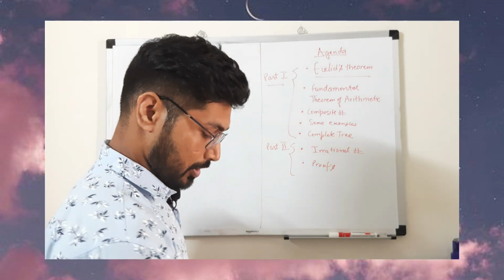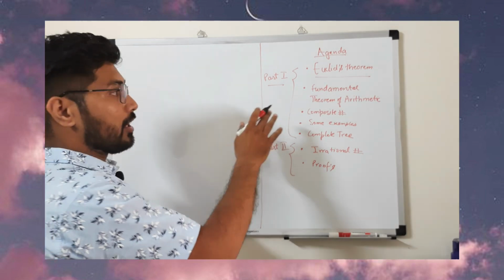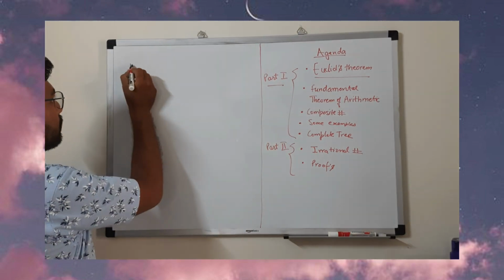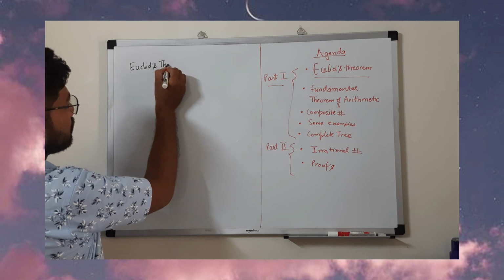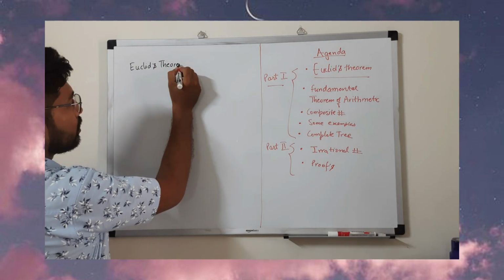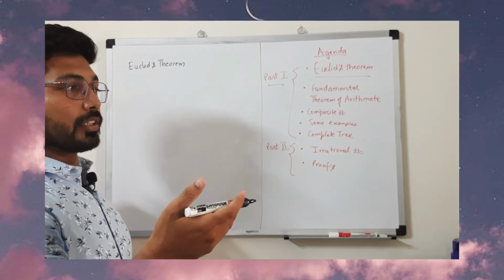So first is the Euclid theorem, part 1. It is also called the division algorithm because here we are dividing integer numbers.